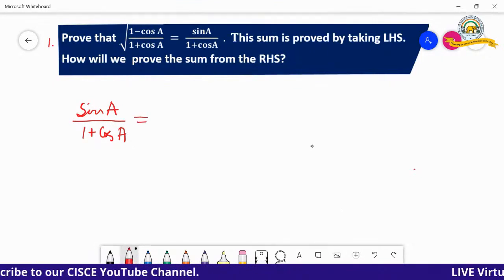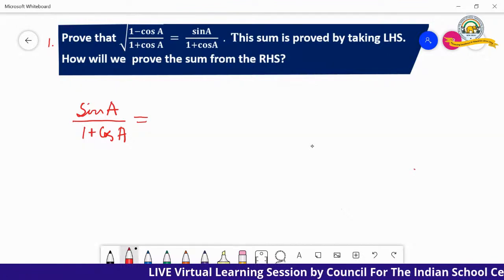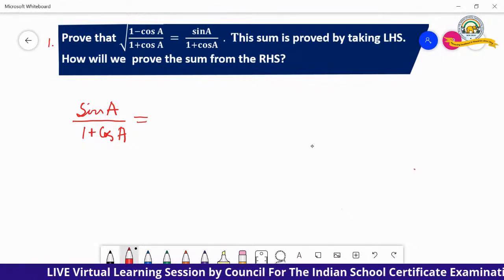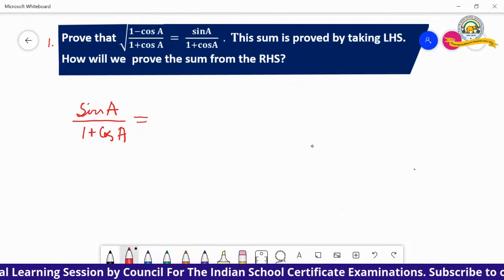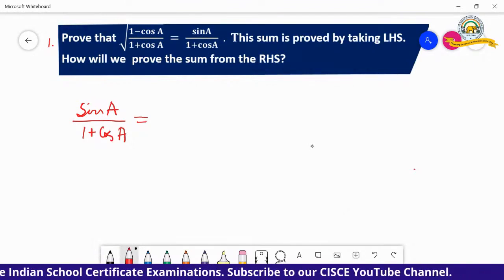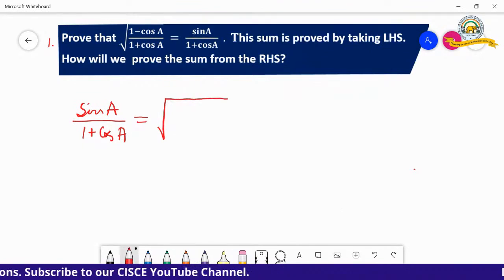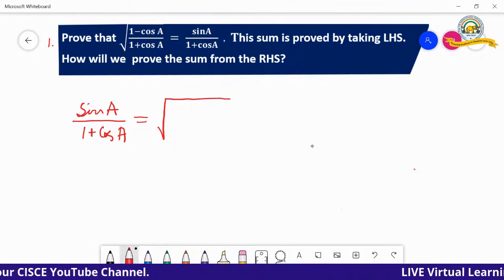Now think. Look at your left hand side. The left hand side is square root of (1 minus cos A) by (1 plus cos A). So I need an under root. I want to bring a root, only to get into a root if this comes out as a square term. How can I just add a root to the sum?